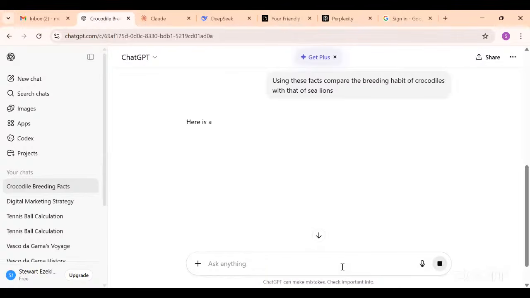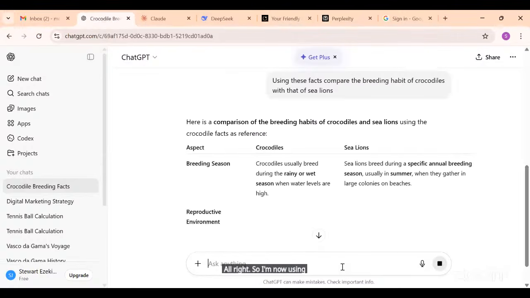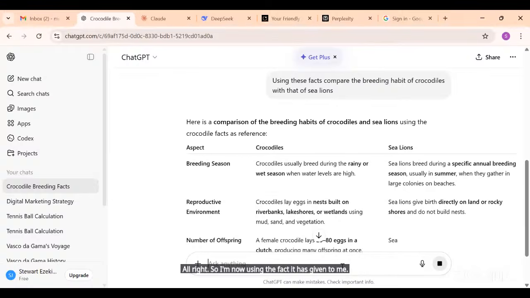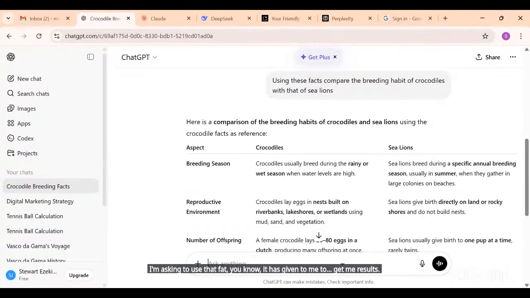All right, so I'm now using the facts it has given to me. I'm asking it to use those facts to get me results. All right, that's just generated knowledge prompting.